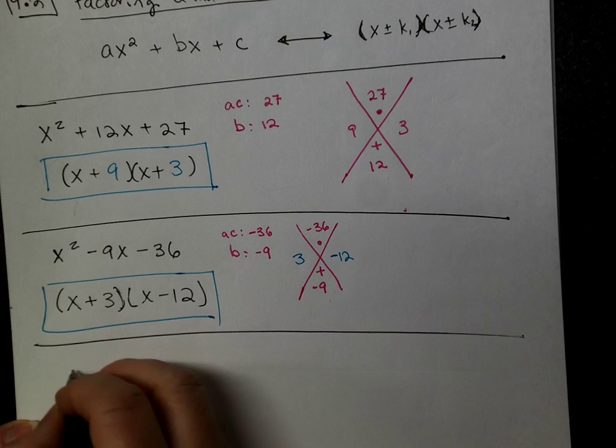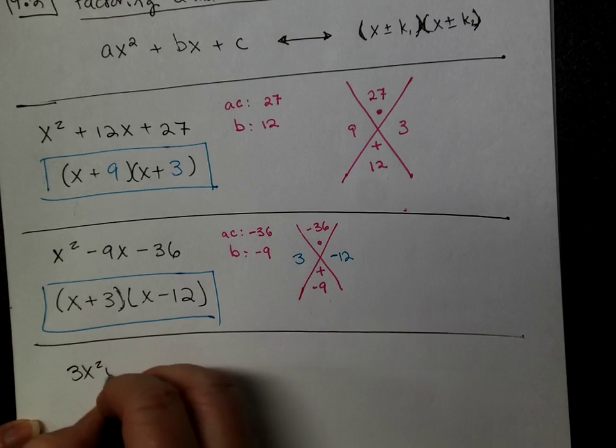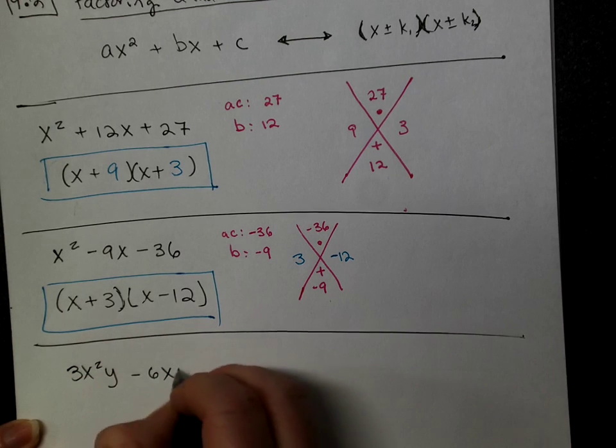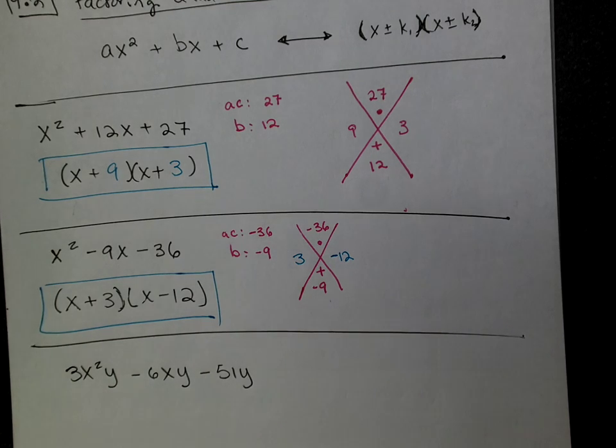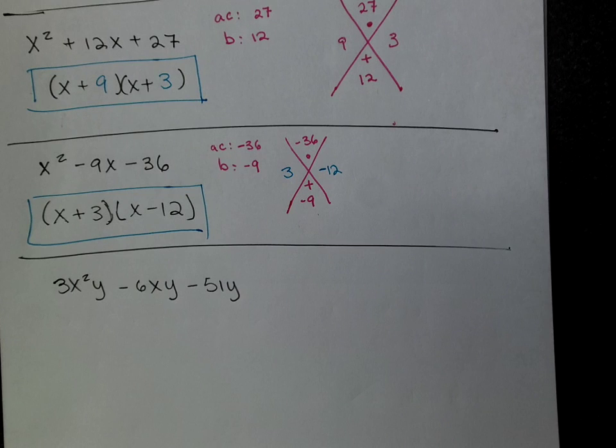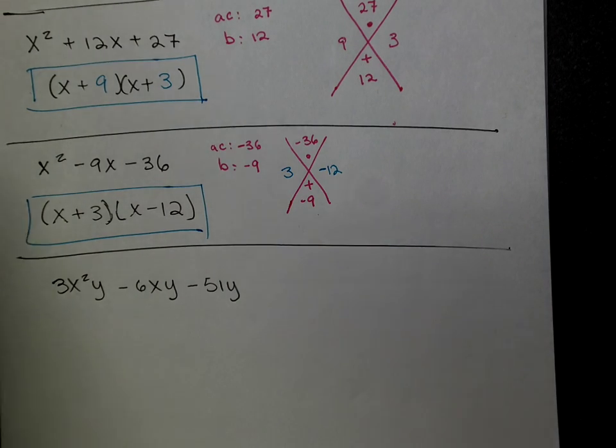Okay, so try this one. 3x squared y minus 6xy minus 51y. What's the first thing you ask yourself?